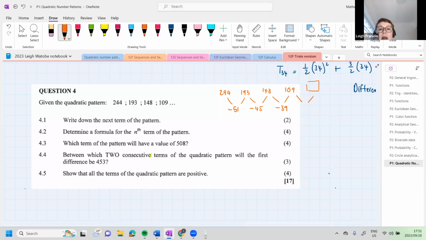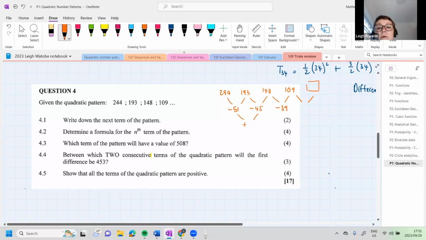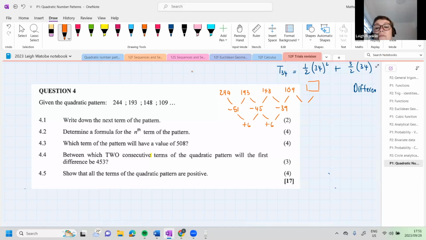Each of these is going up by how much? By 6, absolutely. Okay, so if we take negative 51 and we add 6, we get negative 45. If we take negative 45 and we add 6, we get negative 39. So over here, again, we would need to add 6.